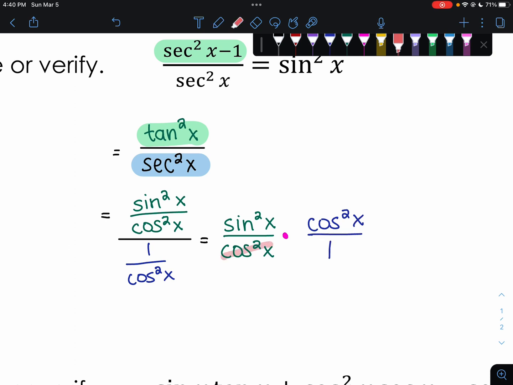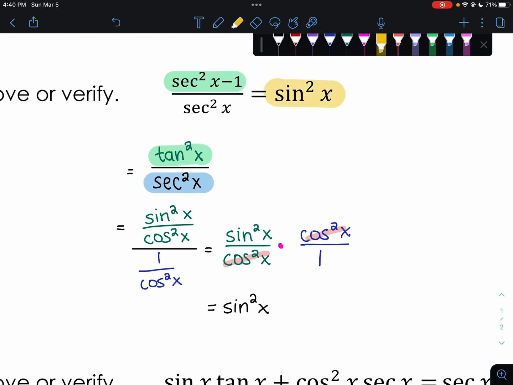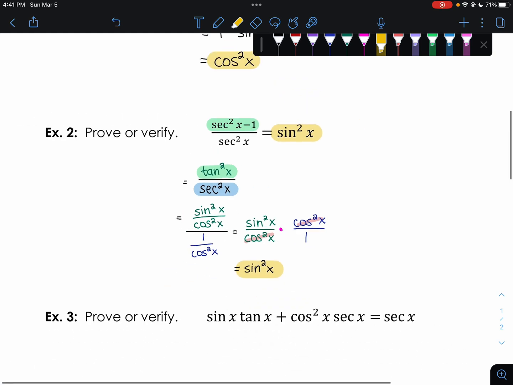We simplify. Cosine squared x cancels out cosine squared x. It leaves me with a sine squared x, and that is what I want it to equal. So I've proved and verified that the left side equals the right side. Okay, moving on to our last example.